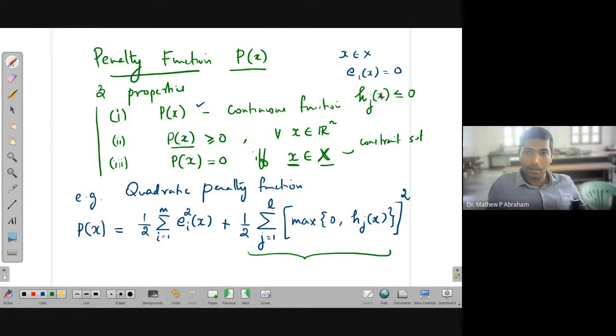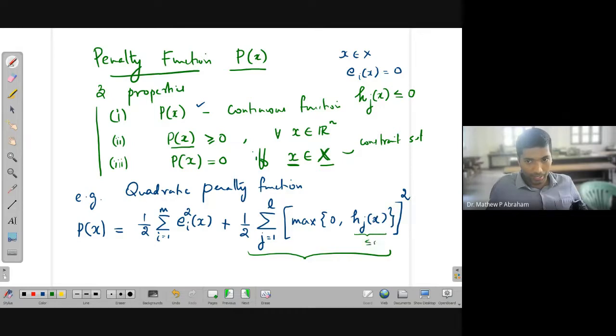So if some x belongs to this capital X, then h_j of x will be less than or equal to 0.